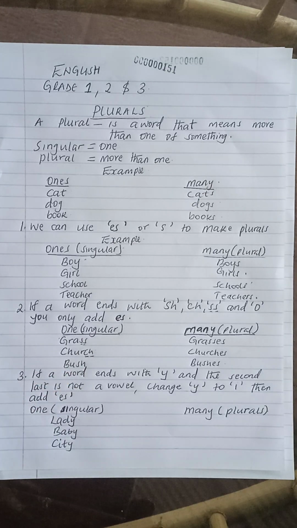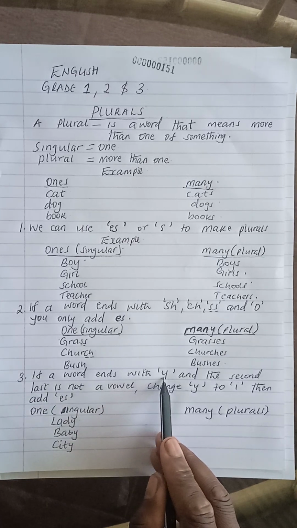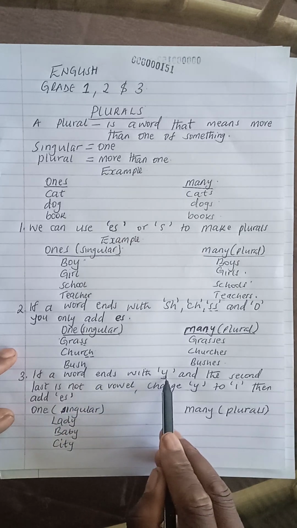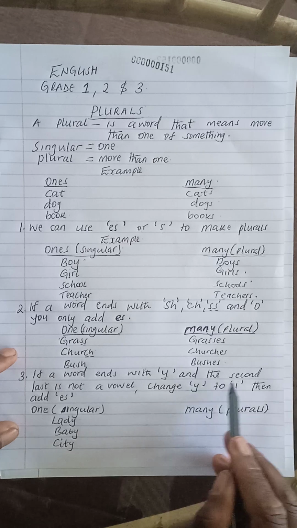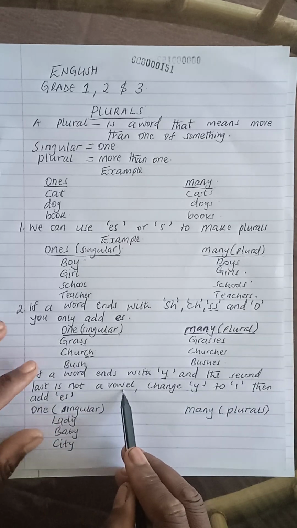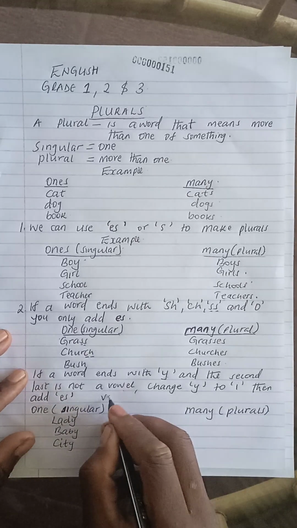Now let's go to number 3. Number 3 says, if a word ends with the letter Y, this is letter Y, and the second last letter is not a vowel, and I hope you know the vowels. I taught them in the first video.